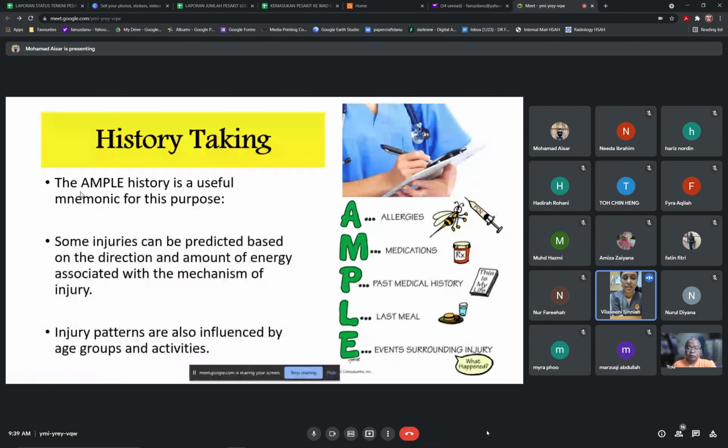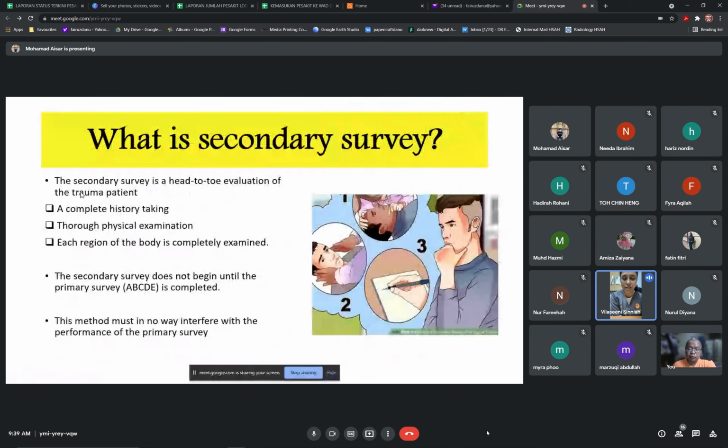So, when they mention that you cannot go to your secondary survey until you complete your primary survey, maksudnya primary survey kita buat sekali je ke? Kita buat banyak kali, re-evaluate. Does every patient need the primary survey multiple times? Bila primary survey tu kena repeat dia?